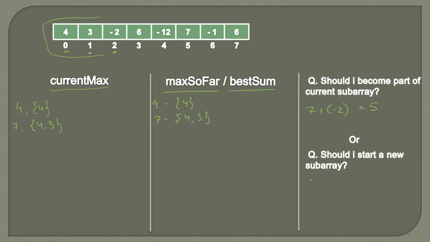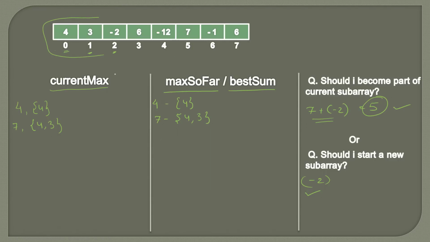If it starts a new subarray, the sum will become minus 2, because we will be discarding this subarray if we are starting a new subarray from here. So minus 2 sees that if I become part of the current subarray, the sum will be 5, and if I start my own, we get minus 2. So it's better to go with the current subarray and get the sum of 5.